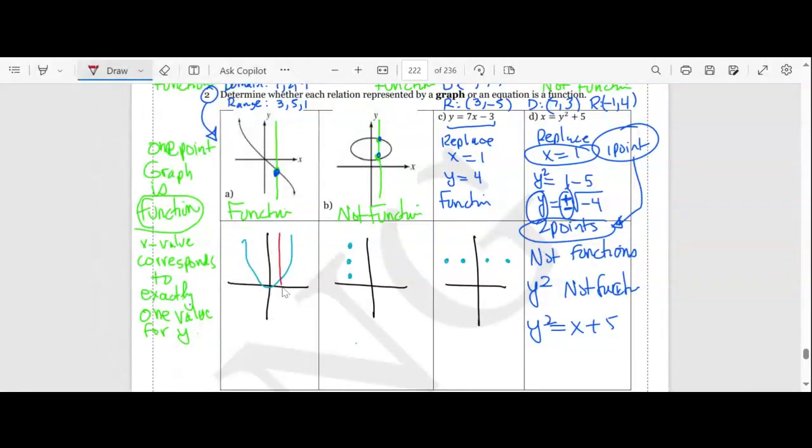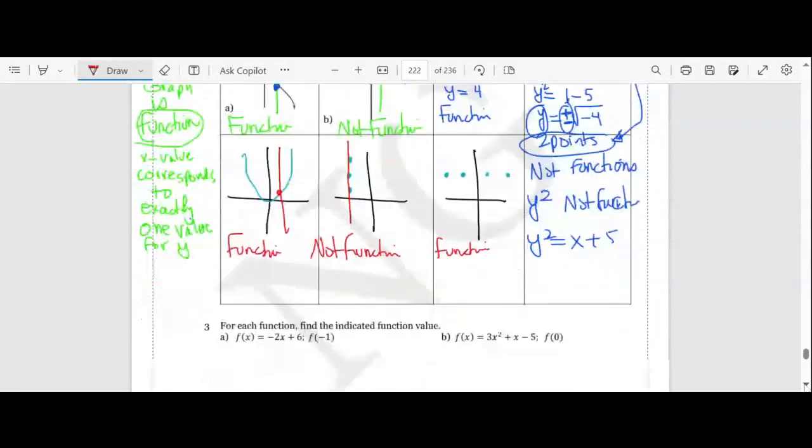Why? What about this one? Why? Because if you make a vertical line test, it cuts it in how many points? 3 points. Is this a function or not? Function, why? Is this clear? Yes.